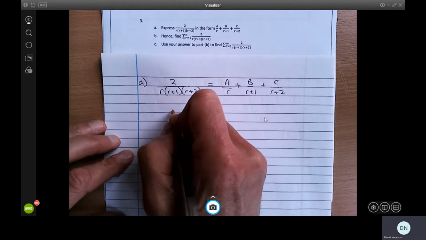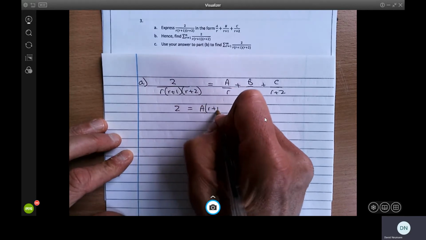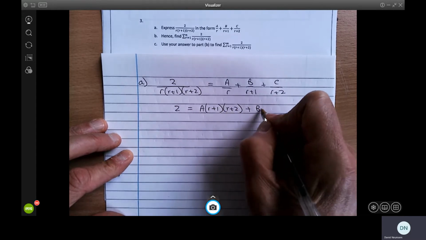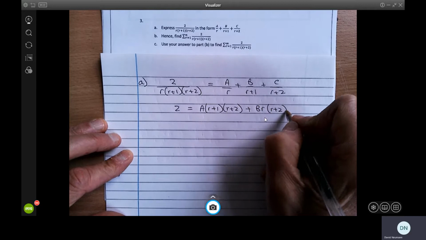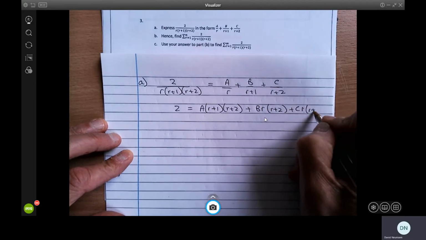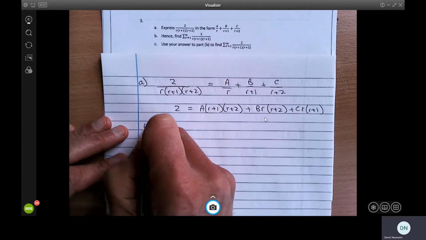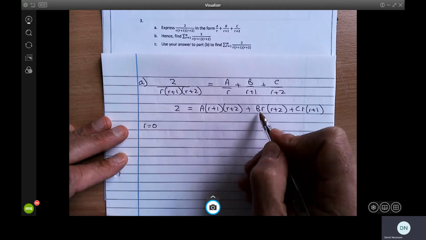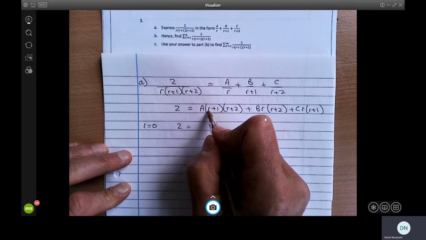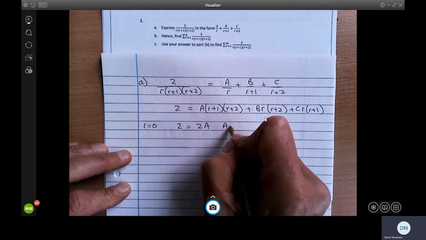So if we multiply through, we're going to get 2 is equal to A, r plus 1, r plus 2, plus B, r plus 2, plus C, r plus 1. Let's substitute in values for r. So r equals 0 is going to eliminate both these terms. So we're going to get 2 is equal to, put 0 in there, we get 1 times 2 is equal to 2A. So A equals 1.